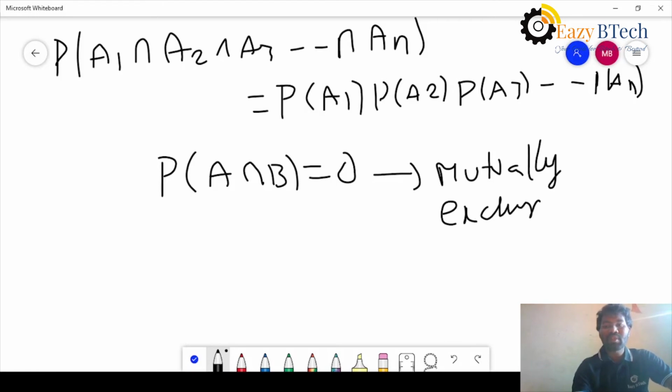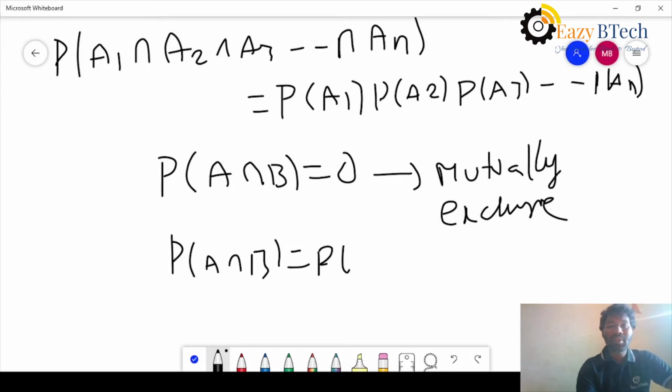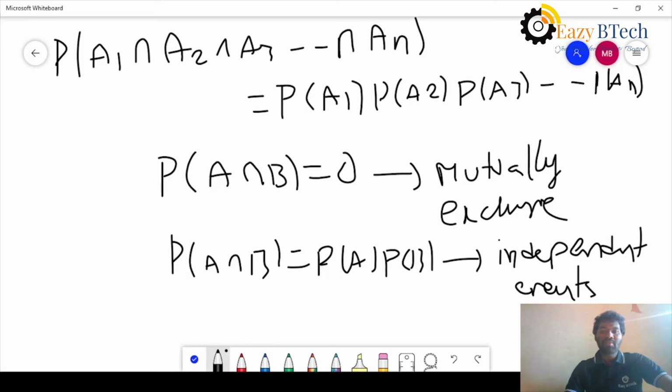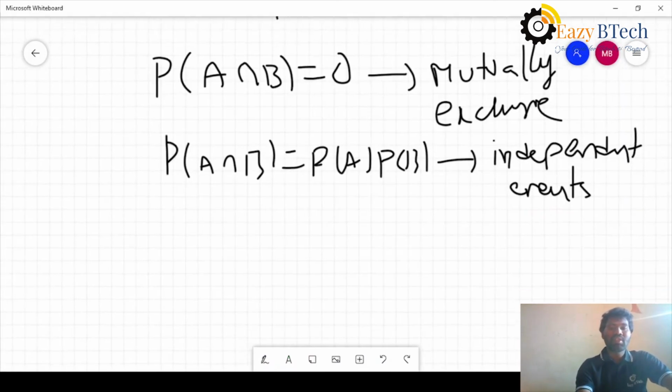If P of A intersection B is equal to P of A into P of B, then the events are called independent events. You should remember this difference between independent and mutually exclusive. Independent means that it is a product, mutually exclusive means that it is zero. This you should remember.